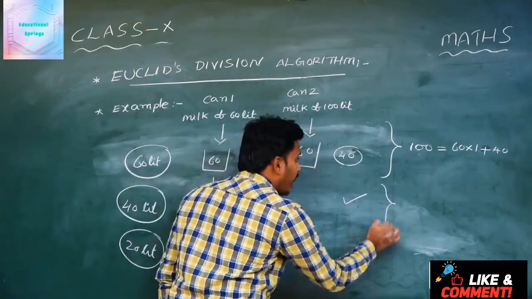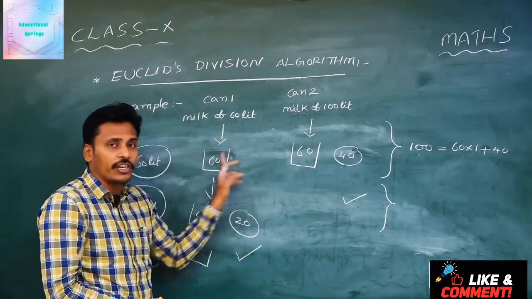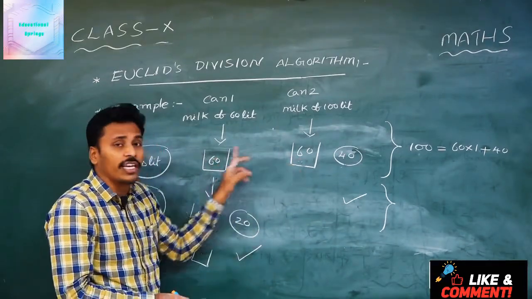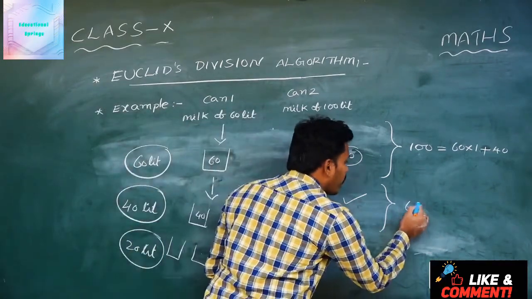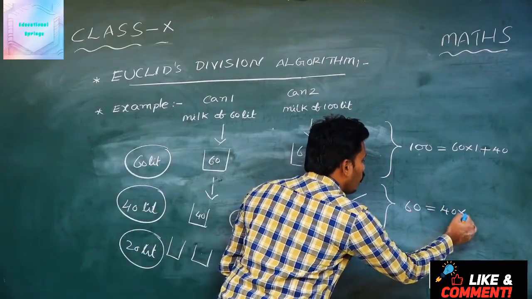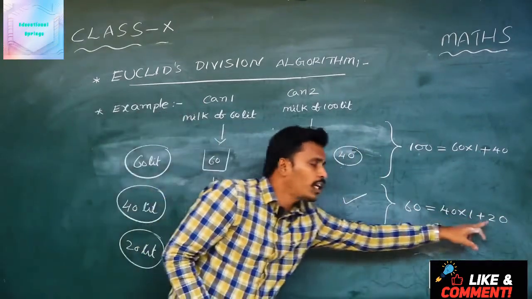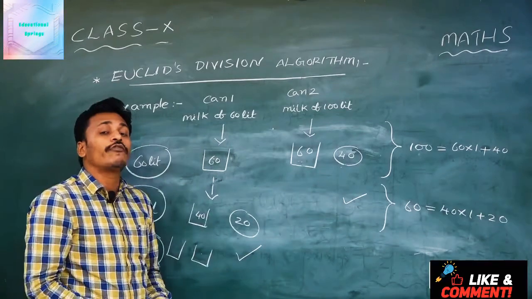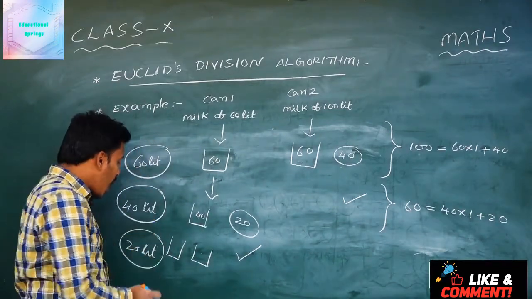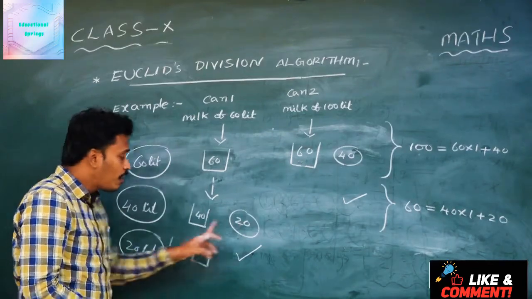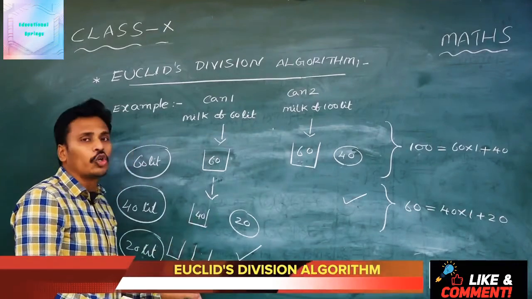So in the second case, we are thinking about this 60 liters with a measuring jar of 40 liters, and we can express it like 60 = 40 × 1 + 20, right? Still we are left with 20 liters. And now if I consider the measuring jar of capacity 20 liters, for sure it measures the remaining milk, and it measures this 40 liters also in 2 turns. Is it right?